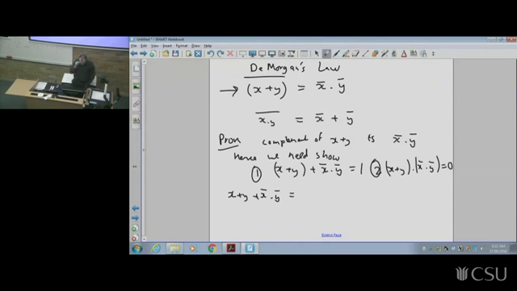So I want to try to group things together. I hope this is not the wrong way of doing it. So I can do an x plus 1 plus y plus x bar plus y bar.